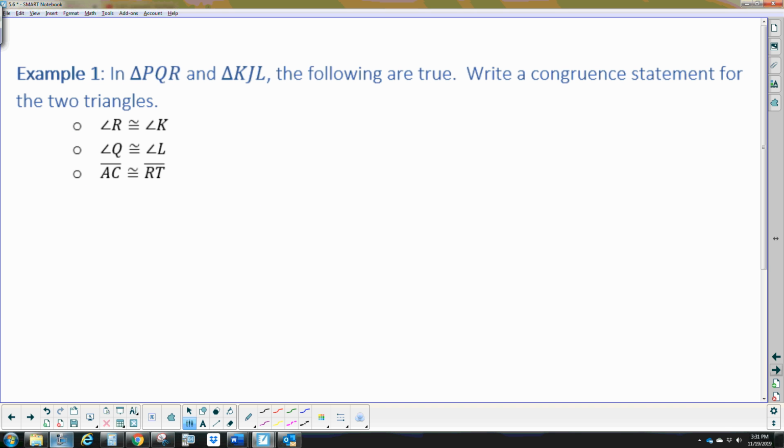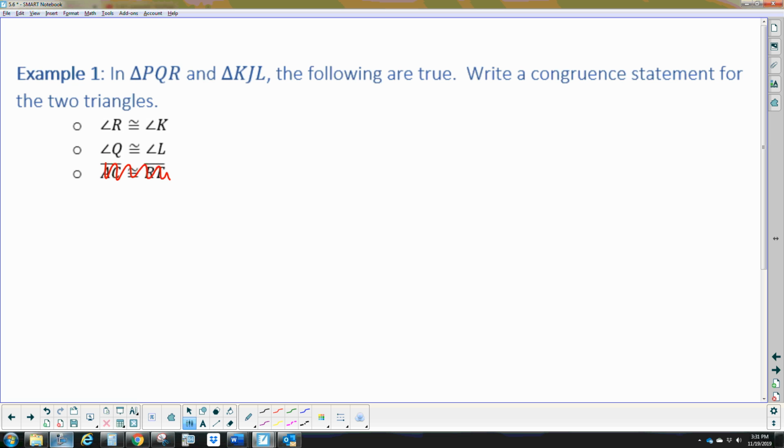All right, let's go through a couple examples. So in this first example on your note sheet, we're looking at triangle PQR and triangle KJL. Okay, the first thing that we need to do is change this statement. Your note sheet has a typo.